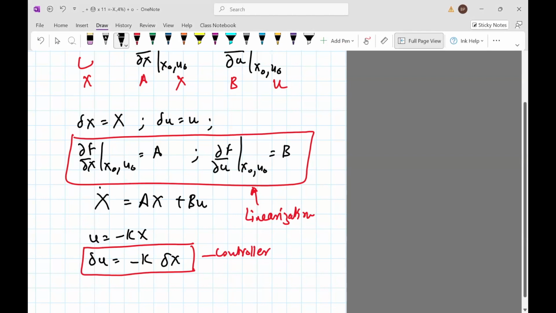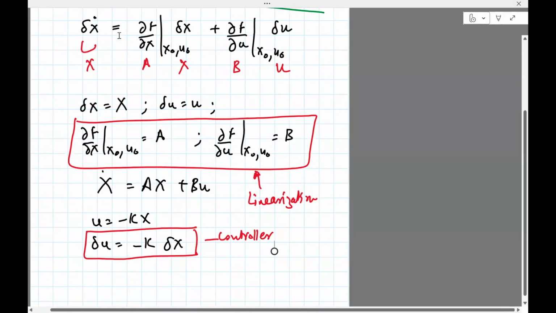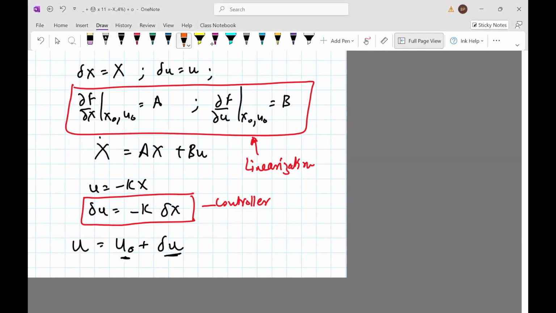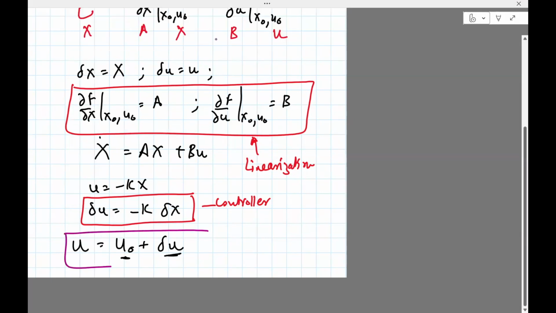Now, one thing to remember, and this is a common mistake: this delta u is basically that differential. It is not the entire control. So the control u has to be u0 plus delta u. So there is a nominal control, and then there is the part which is the linear part. So when you apply the control, do not forget this. This goes to the motors.